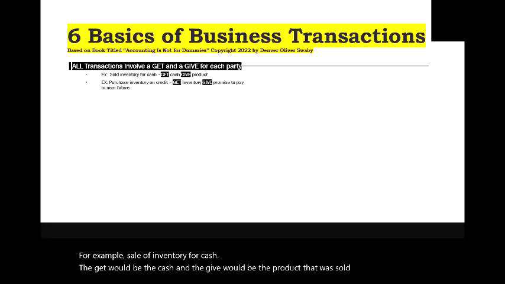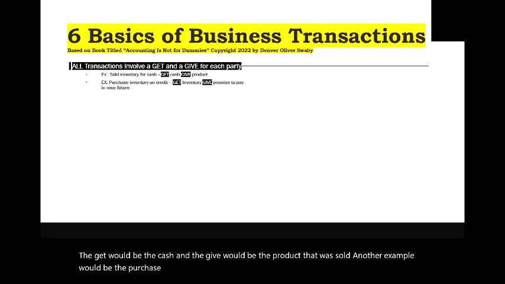Another example would be the purchase of inventory on credit. For the purchaser, the get would be the item purchased, the inventory, and the give would be a promise to pay in the near future.